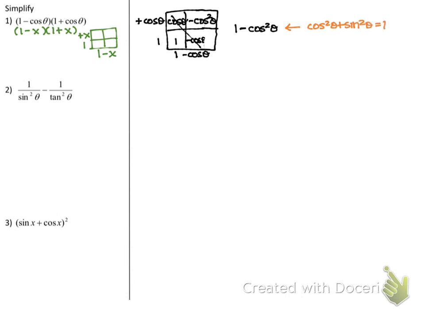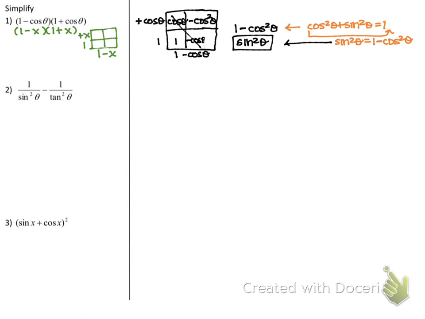I have 1 minus cosine squared. So let's move this guy over here. So this is going to be sine squared is equal to 1 minus cosine squared theta. Now let's put it back. 1 minus cosine squared theta is sine squared theta. That is the simplified answer.